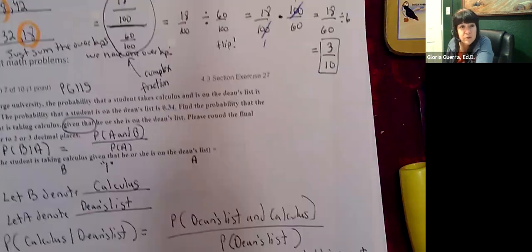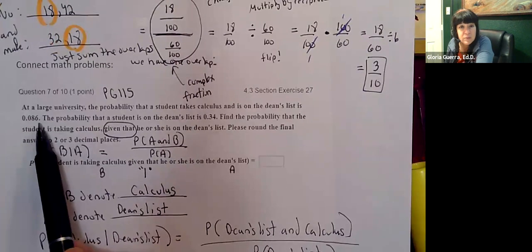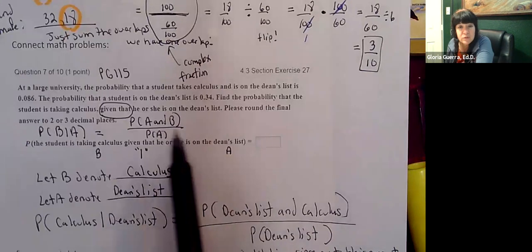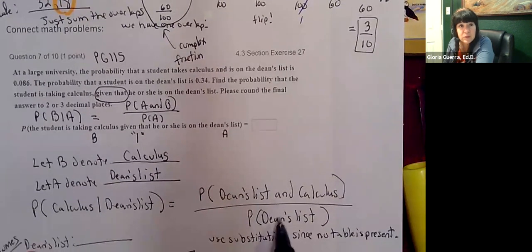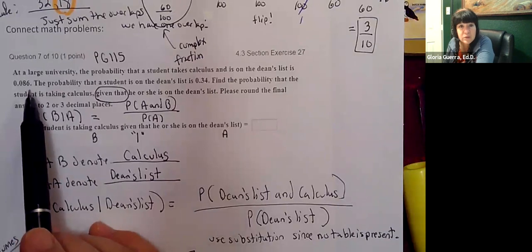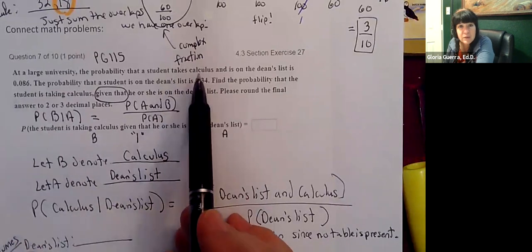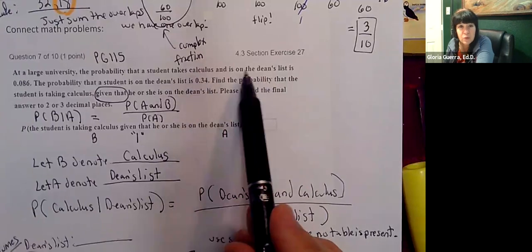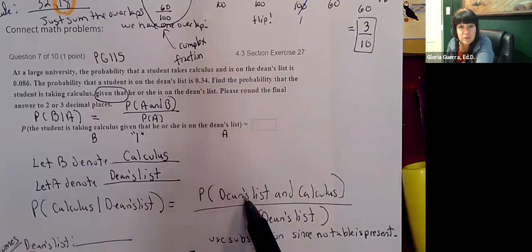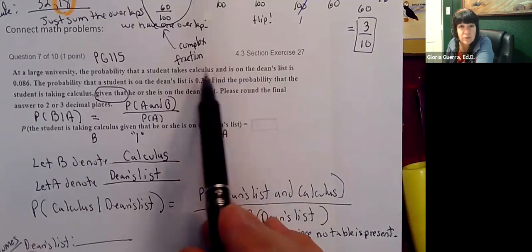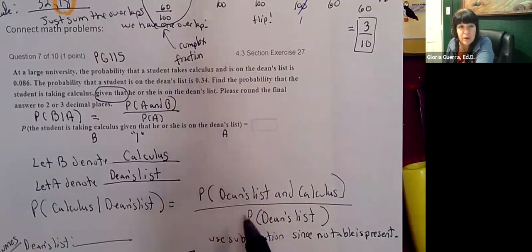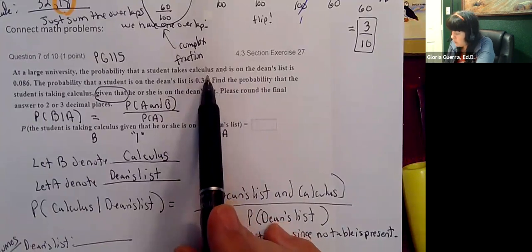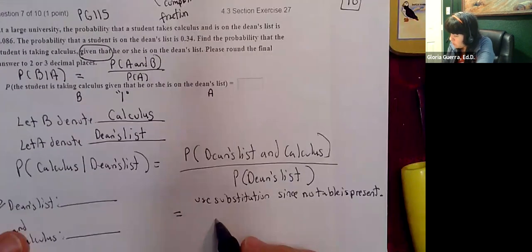See these two numbers that they give us here? One of these numbers is for the Dean's List and calculus, and one of these numbers is for the Dean's List. So you see that 86 thousandths, that's talking about student takes calculus and is on the Dean's List. So it's a little bit out of order because they mentioned calculus first instead of Dean's List, but that's okay. So that's a substitution for the numerator.